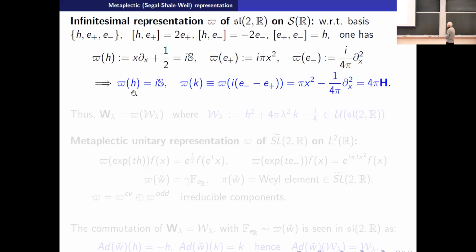And in fact, any representation which is known to be a representation is defined on H, which is a generator of one Cartan. The other Cartan is generated by what I call K here. K is E minus minus E plus multiplied by i. So any representation is completely determined by the values it takes on these 2 guys.